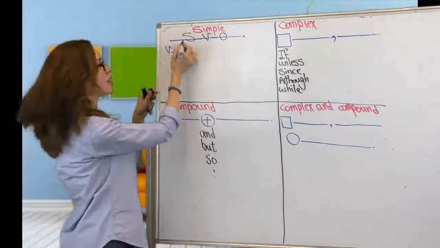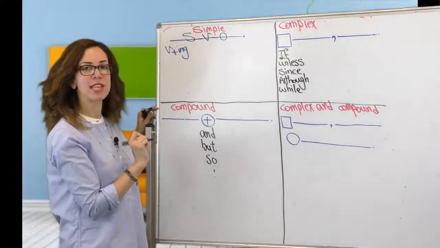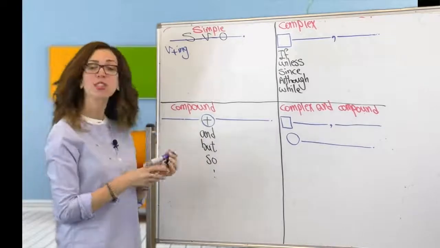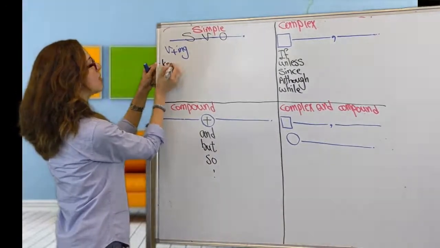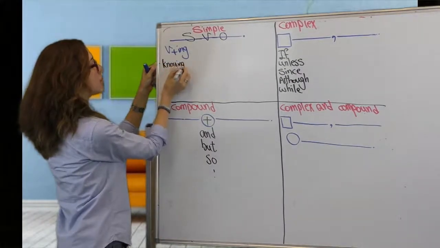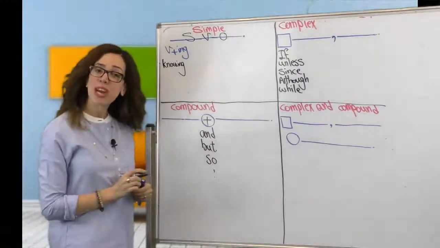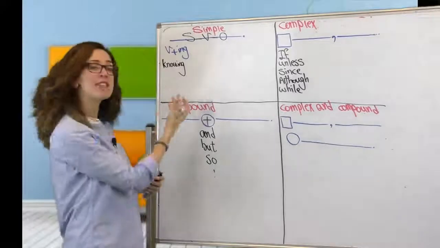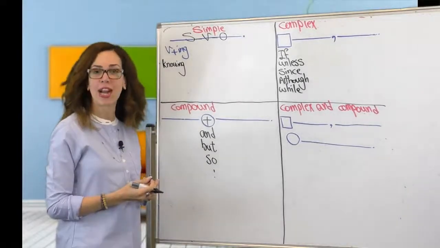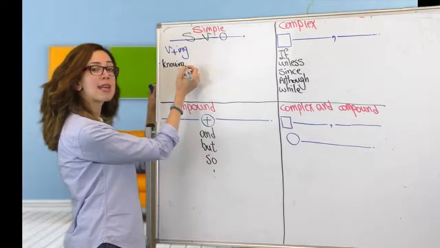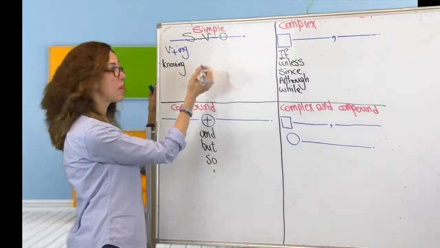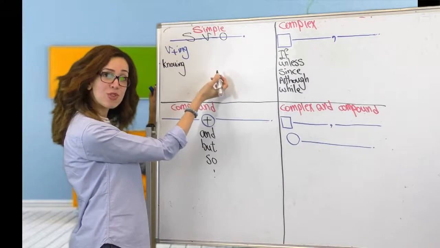Every noun can be used as the subject of the sentence. So you've got yourself a subject. Knowing. And the beauty of creating your own subjects is that you can add any information relevant to your essay to them. So you can say knowing a second language, knowing another language.